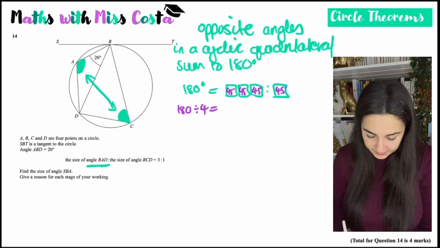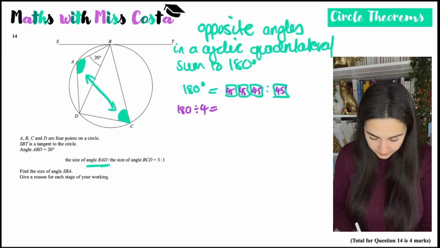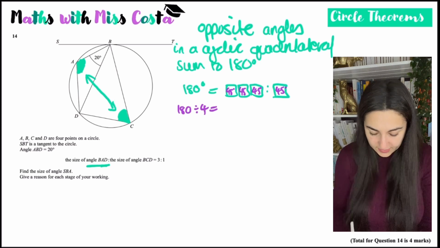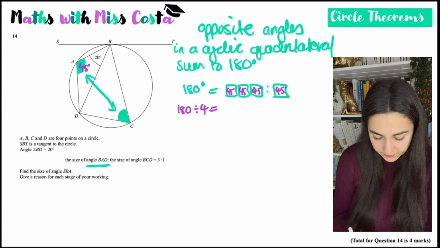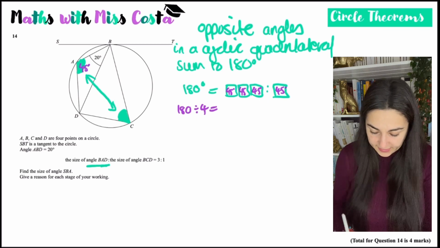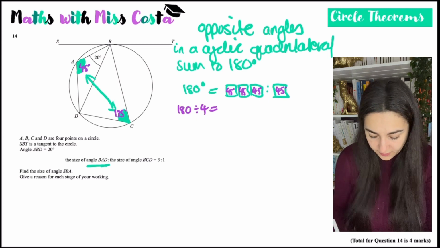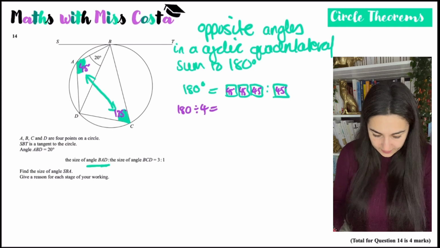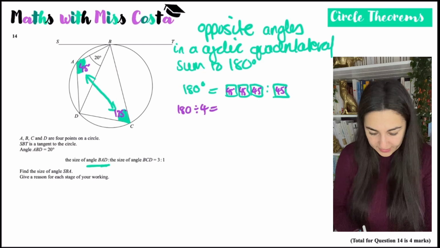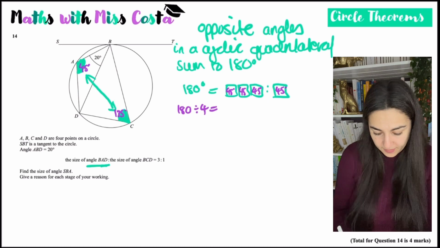So BAD is going to be 45 degrees and BCD is going to be 135 degrees. And now what we need to do is find the size of angle SBA. So we've got our 2 angles here. SBA is going to be all of this angle here.